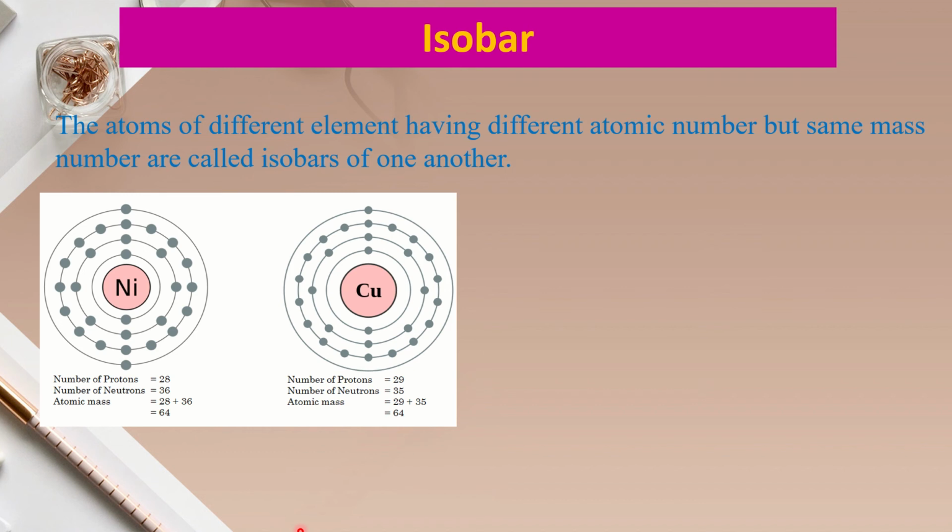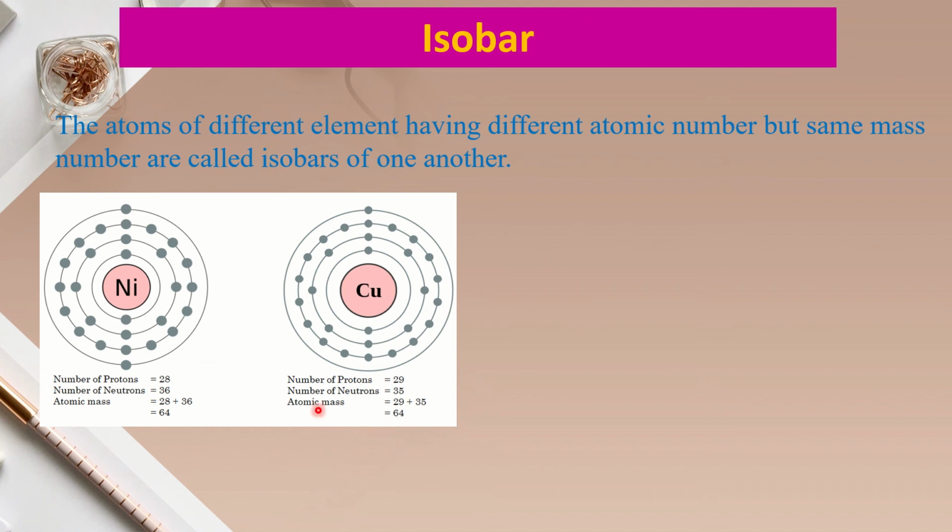Here the atomic number of nickel is 28 and copper is 29, but some nickel atoms have 36 neutrons, so their mass number is 64, and some copper atoms have 35 neutrons, so their mass number is 64.